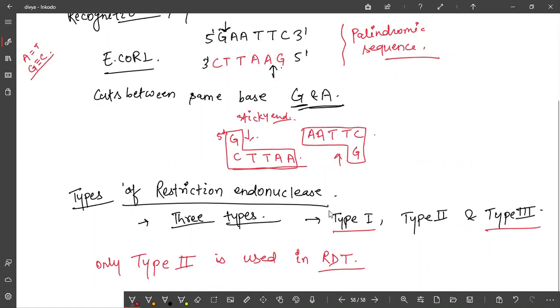Why? Because it does not require ATP, that is, energy. Type 1 and type 3 also require ATP, but type 2 does not require ATP. It only requires magnesium ion.